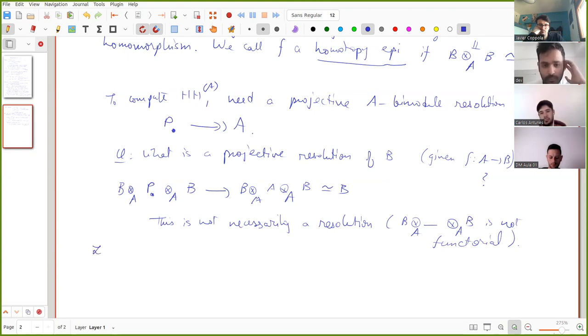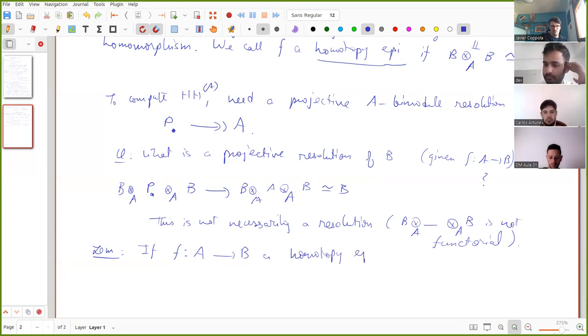But it turns out that if F is a homotopy epimorphism, then this is a resolution.